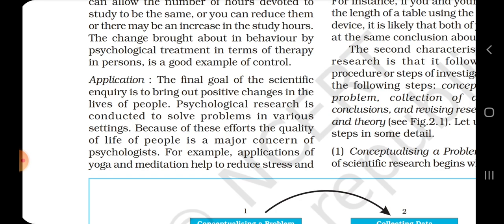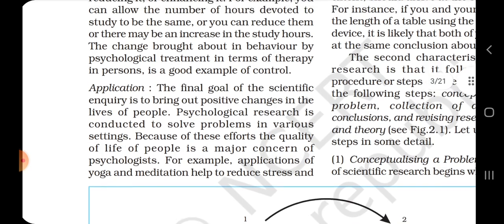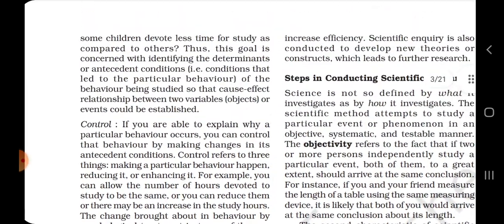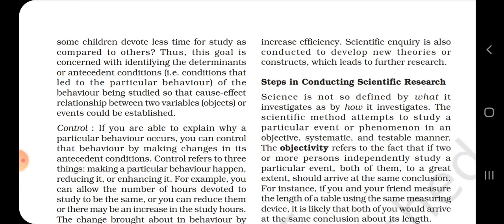For example, applications of yoga and meditation help to reduce stress and increase efficiency. Scientific inquiry is also conducted to develop new theories or constructs, which leads to further research.